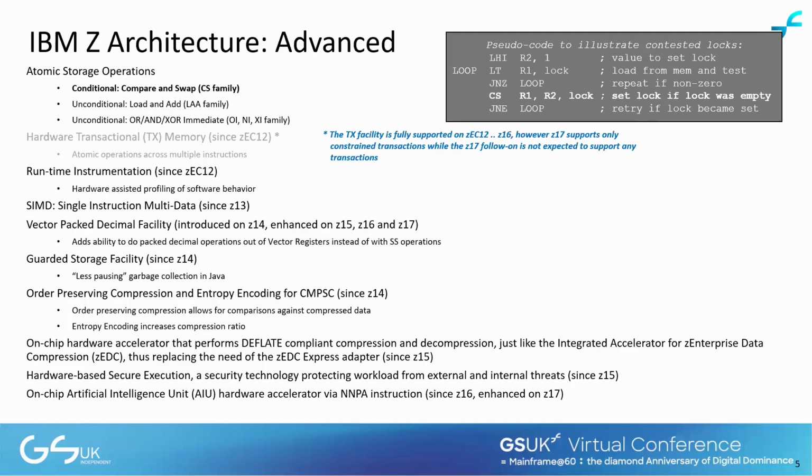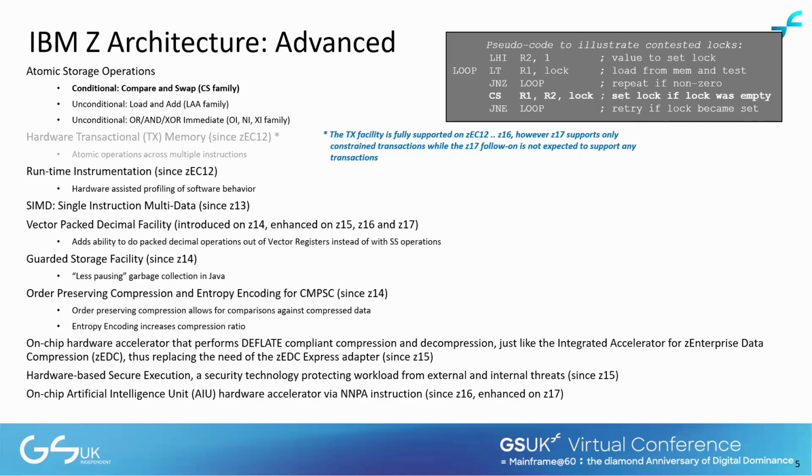We also had the transactional memory support, and this is shaded out because it's a rare instance of an architecture that we introduced and we backpedaled on. It's being retired starting on Z17. We had this notion of constrained and unconstrained transactions. The general purpose of transactional memory was to genericize atomic storage operations, where instead of having a handful of architected Z instructions, you could specify your own routine of any number of instructions that you wanted to either all architecturally complete or none of them.